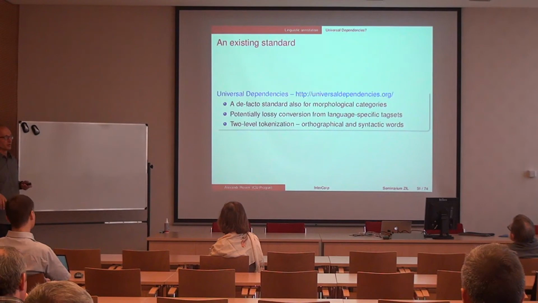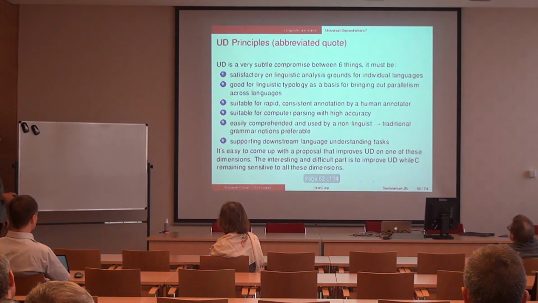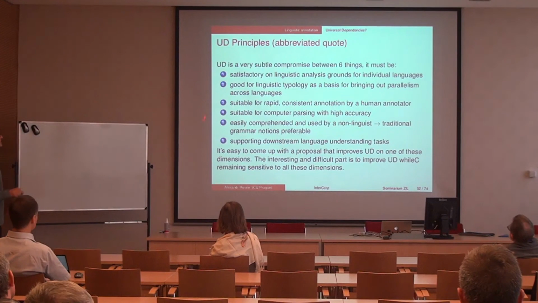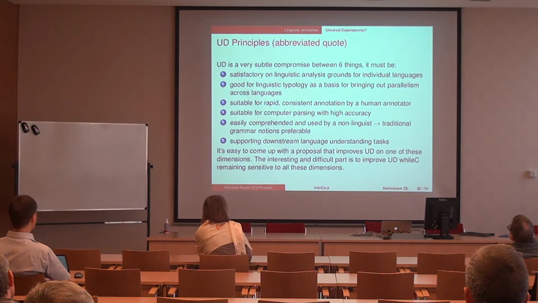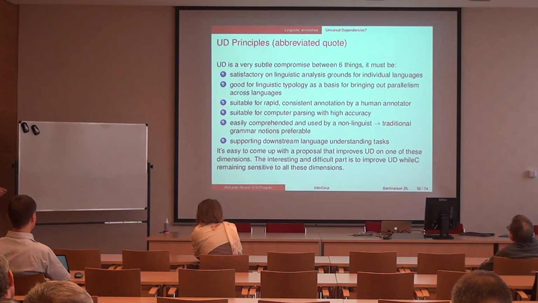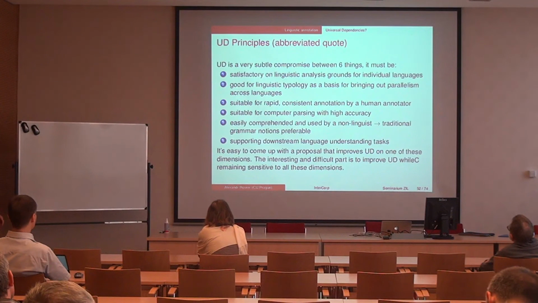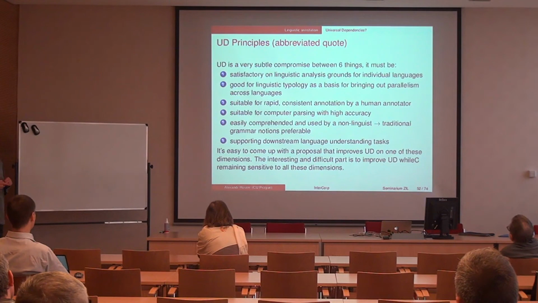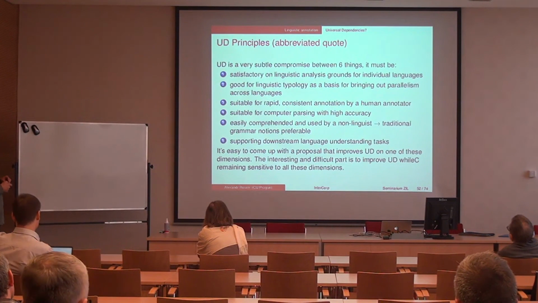If you have this fused item where there are multiple syntactic words within one orthographical word, you have to really split them, and Universal Dependencies can do that. This is an extract from the principles of the Universal Dependencies standard, but I think you have heard about it here from other people too.